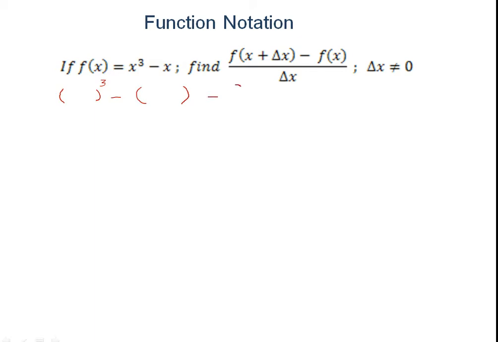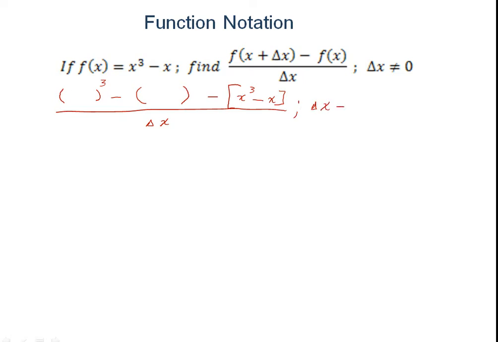Now, be careful as you plug it in. Just make sure that you're following the pattern of your function and the pattern that you're given. f of x plus delta x minus f of x all over delta x, and delta x cannot equal 0.